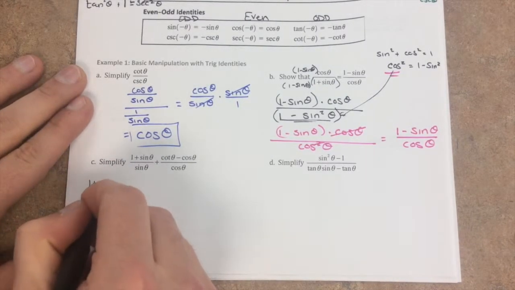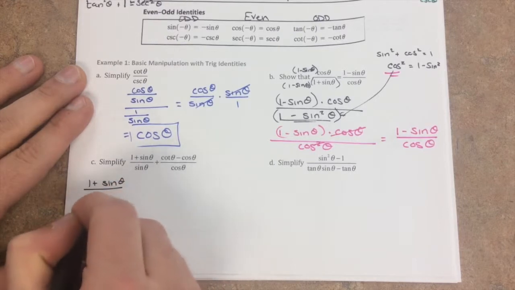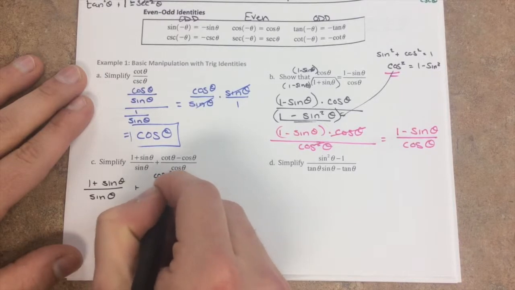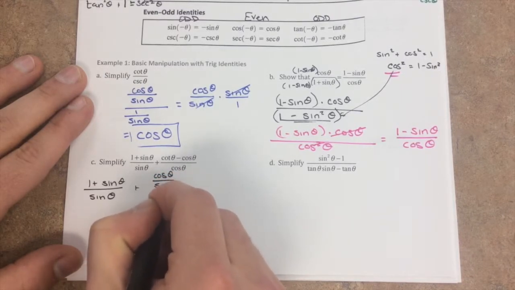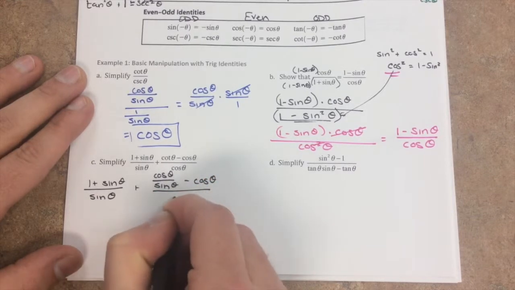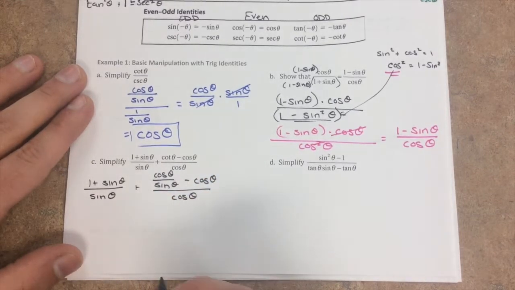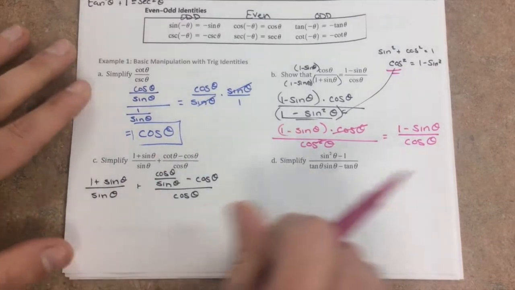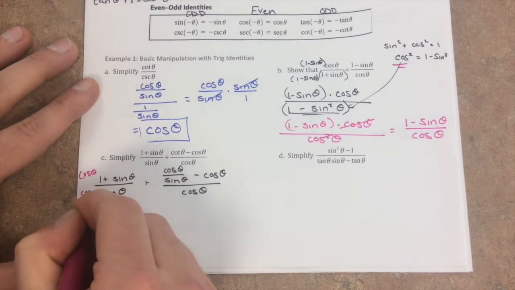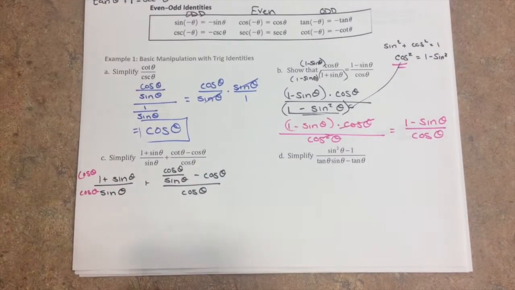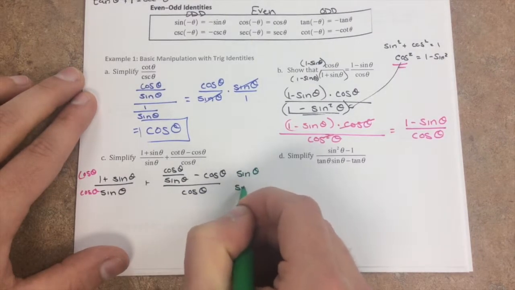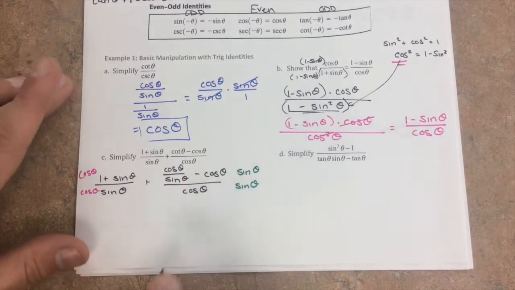I have 1 plus sine theta over sine theta plus cotangent, which is cosine over sine, minus cosine all over cosine. It's a lot of cosines. Now, I'm going to multiply this right side by cosine theta on the top and bottom. And I'm going to multiply this left one, top and bottom, by sine theta. I'm getting a common denominator.